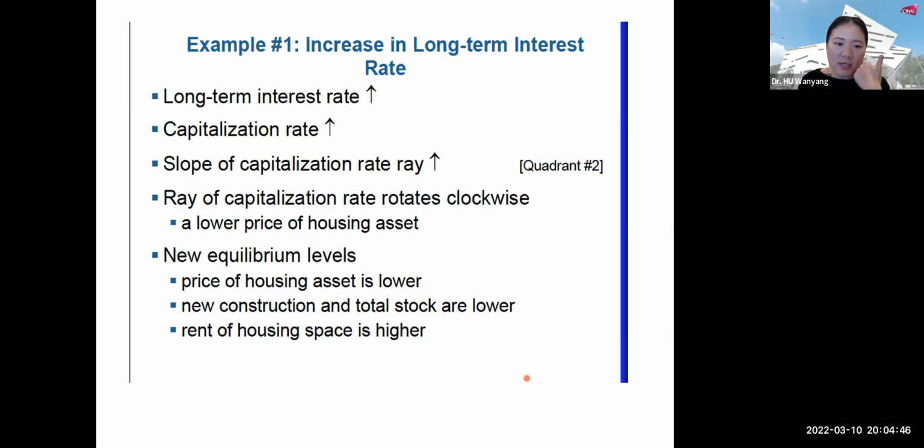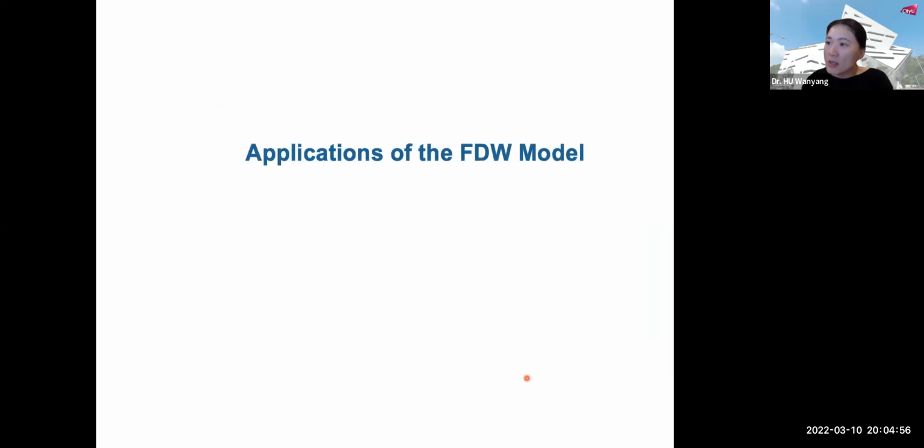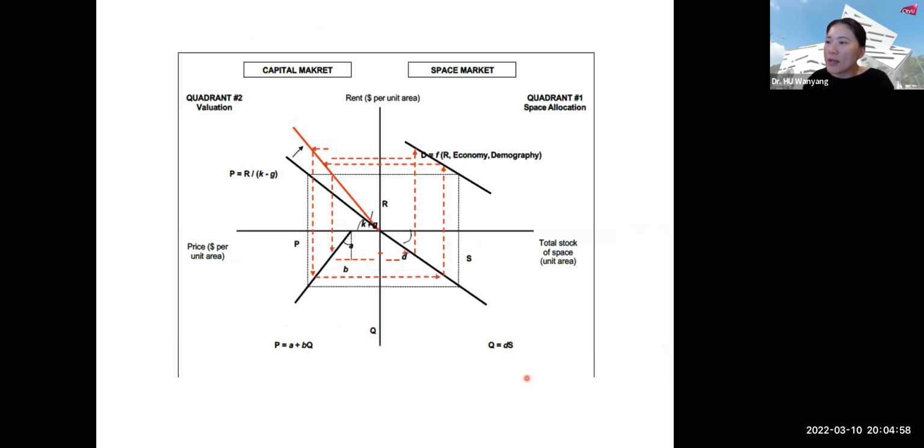The capitalization rate, which is K minus G, will increase, meaning that for this curve, we will have a clockwise rotation, because now the slope will become larger.